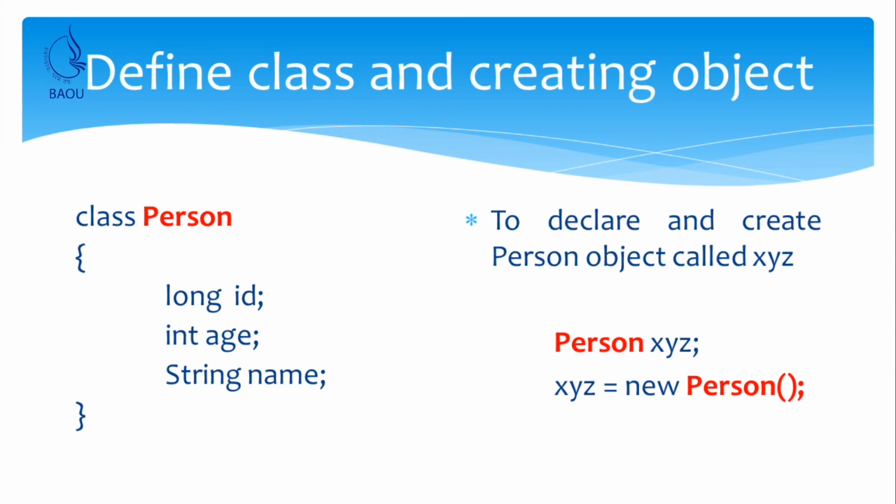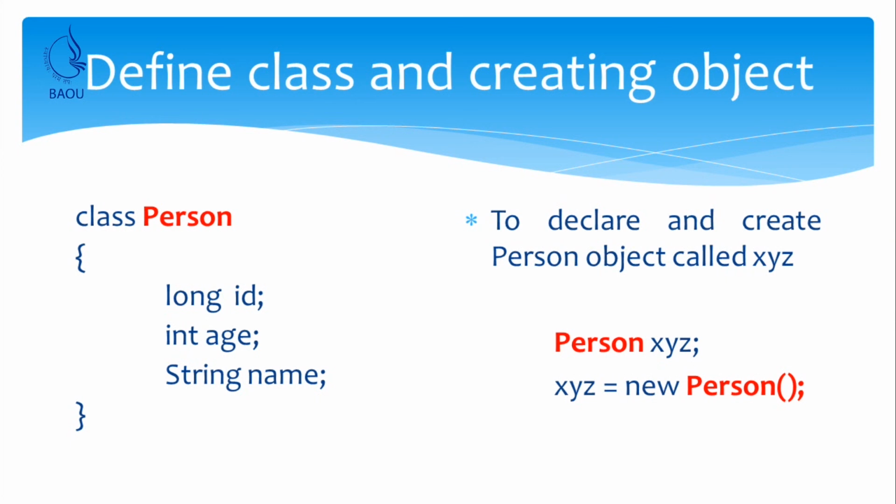So, this class has three instance variables: ID, age and name. Now, inside this class we do not define any method, but we can have a method for reading this data as well as another method for showing this data. Now, once this class with instance variables and methods is defined, you can create an object of its type.